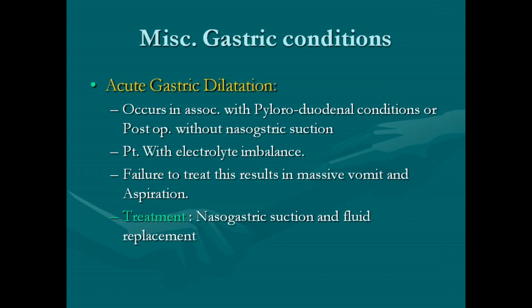Then, a brief mention about acute gastric dilatation. This occurs in association with pyloroduodenal conditions, or post-operatively when you have done something with the GI system, like an anastomosis, and you have not placed an NG tube.